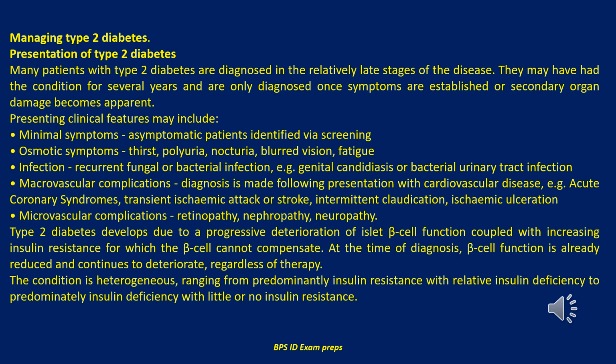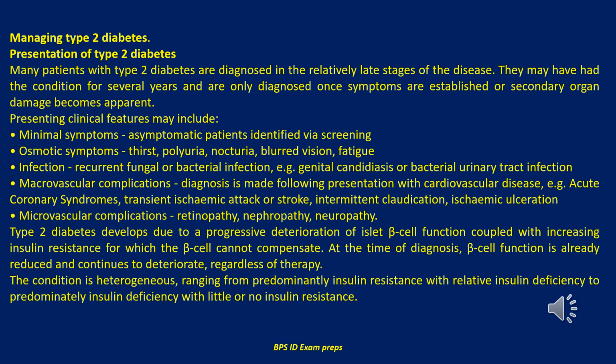Minimal symptoms. Asymptomatic patients identified via screening. 2. Osmotic symptoms such as thirst, polyuria, nocturia, blurred vision, and fatigue. 3. Infection such as recurrent fungal or bacterial infection, e.g. genital candidiasis or bacterial urinary tract infection.